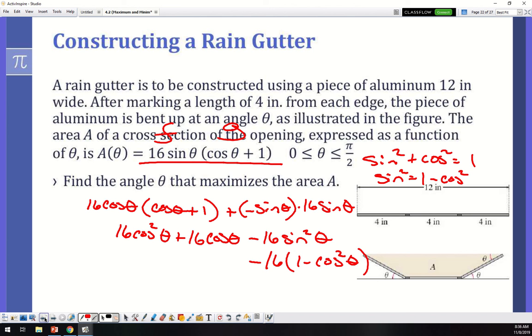Now, endpoints. If theta was 0, would that have any area? It wouldn't have area because it would be a flat surface, right? Okay, and what about if I go straight up? That's 90 degrees, right? That's pi over 2. I'm checking the endpoints also. So let's see what happens there. So at pi over 2, what is sine at pi over 2?